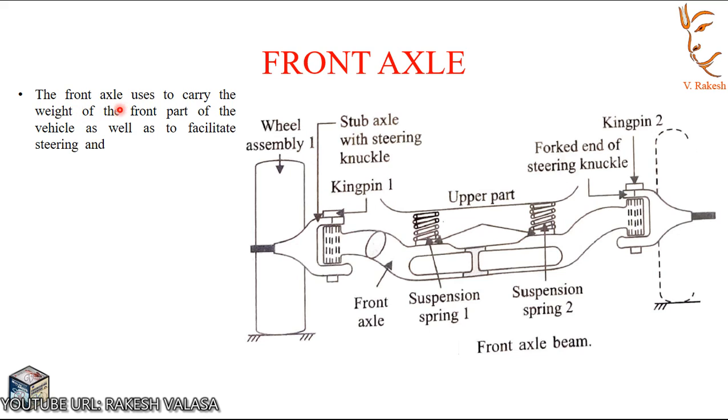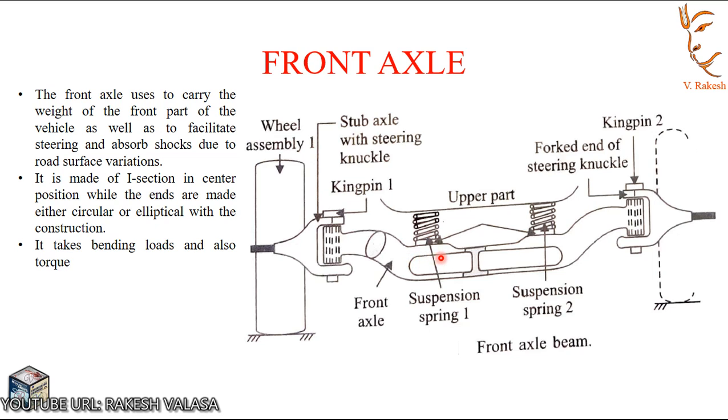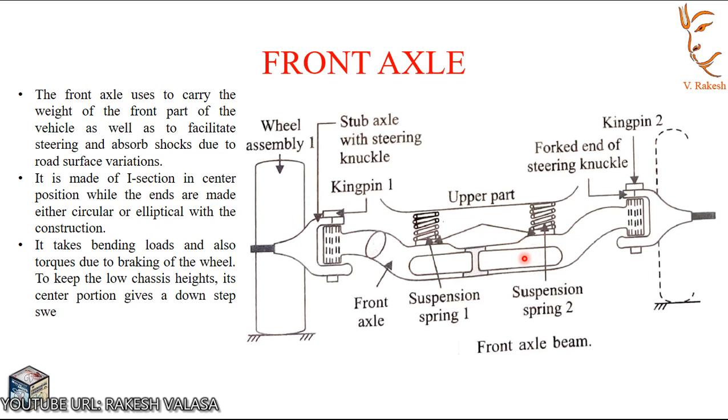The front axle is used to carry the weight of the front part of the vehicle as well as to facilitate steering and absorb shocks due to road surface variation. The rigid front axle, which is nowadays used in heavy commercial vehicles, is totally out of vogue on passenger cars and other light vehicles.